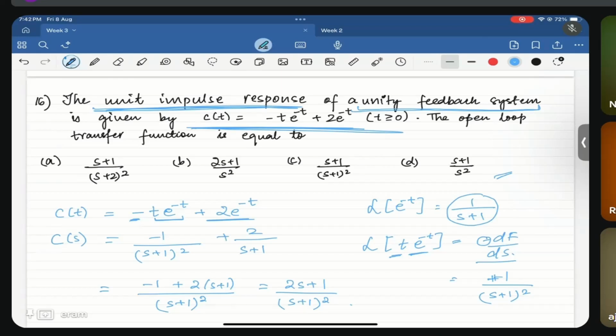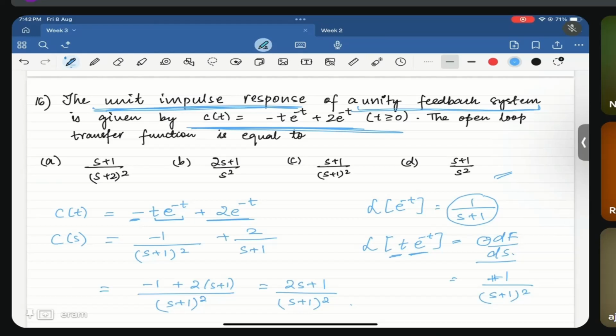So what does it mean? What actually is given to us? Can anyone comment? Closed loop transfer function.